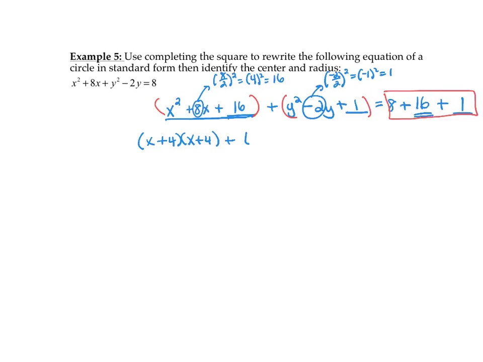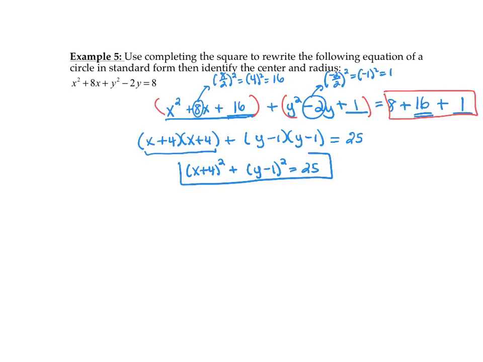For the y's, y² - 2y + 1 factors into (y - 1)(y - 1). And 8 + 16 + 1 is equal to 25. Well, (x + 4)(x + 4) can be written as (x + 4)². (y - 1)(y - 1) can be written as (y - 1)², and that's equal to 25.